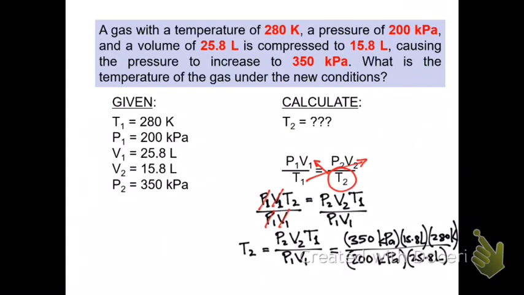All right, so kPa would cancel out, liters would cancel, leaving you with the unit in kelvins. And this gives us roughly 300 kelvins.